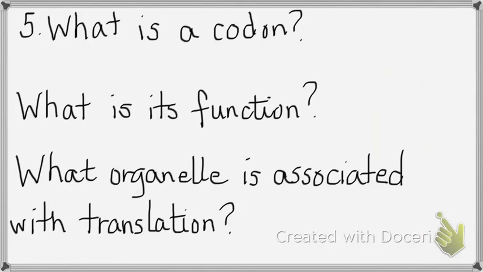Okay, what's a codon? I'll get us started. It's 3 bases on mRNA. It's 3 bases right in a row on mRNA. And then what's its function? What do those 3 bases do?